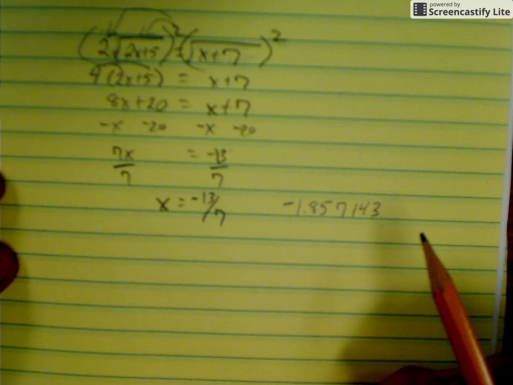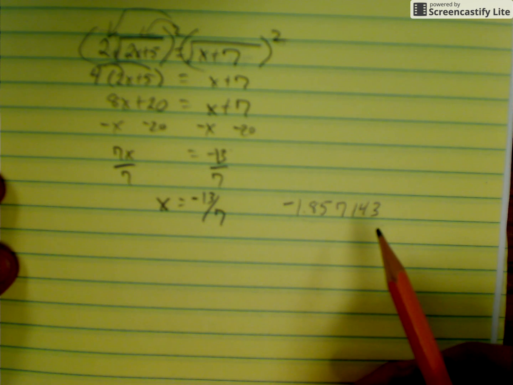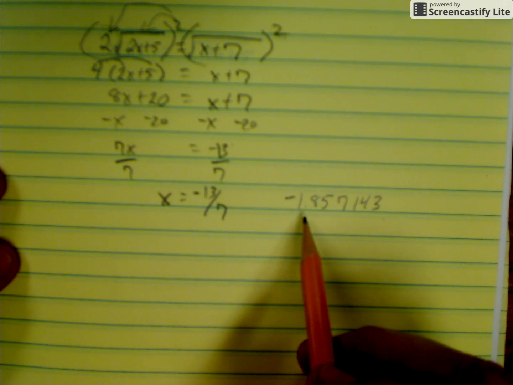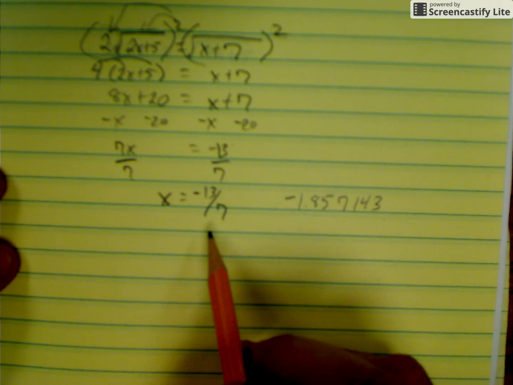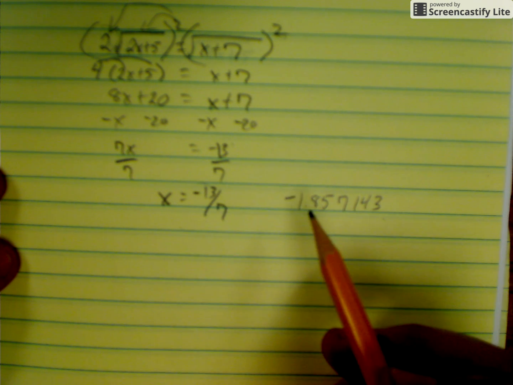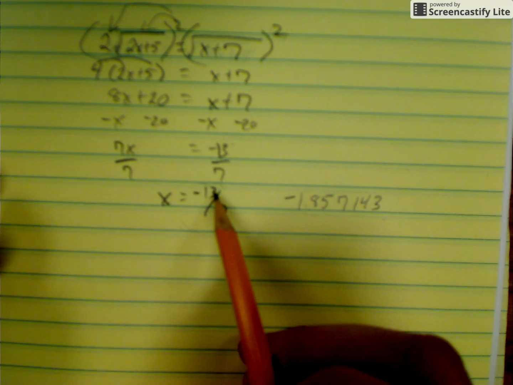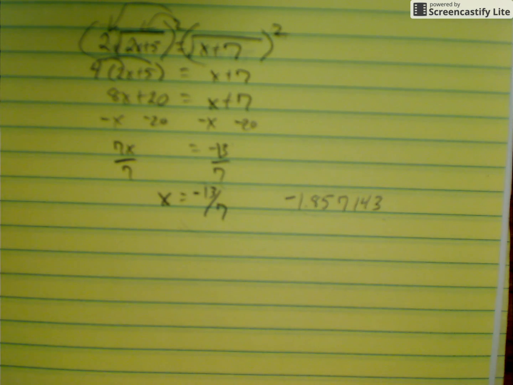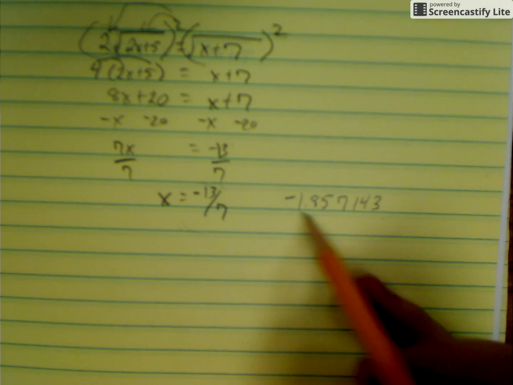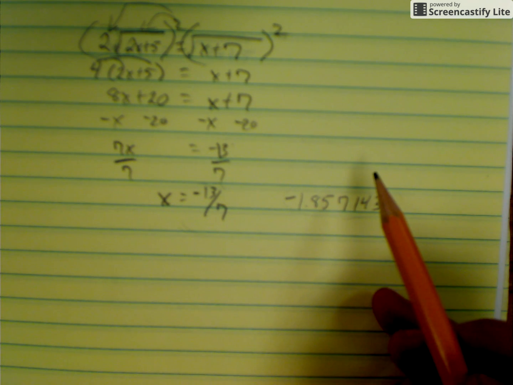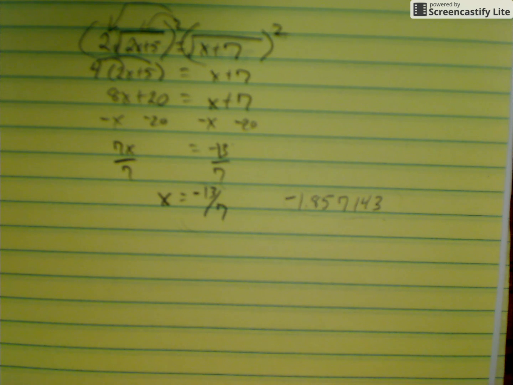But here's the thing I'm going to tell you. When you check an extraneous value, the one thing you want to make sure you do is use fractions. They're more accurate, and when you actually check the extraneous, you're going to see it better in terms of whether it's a true solution or not. If I use this value, you're not going to get something that works perfectly.